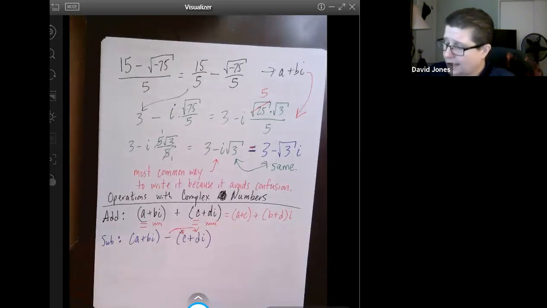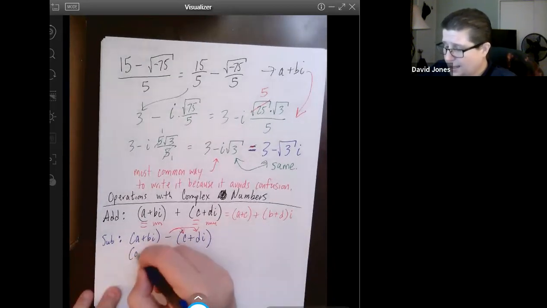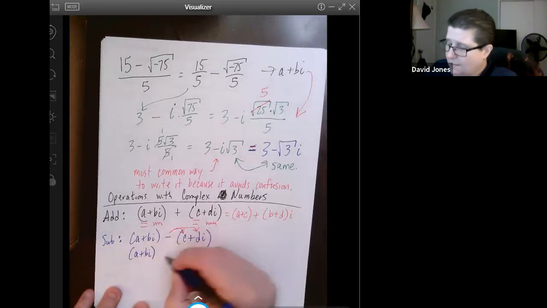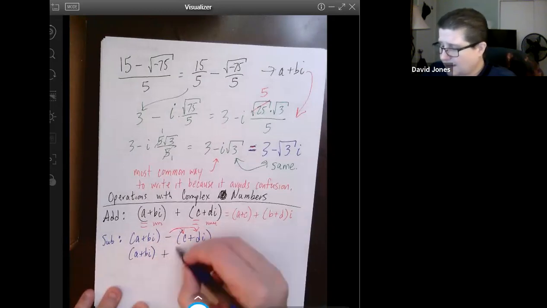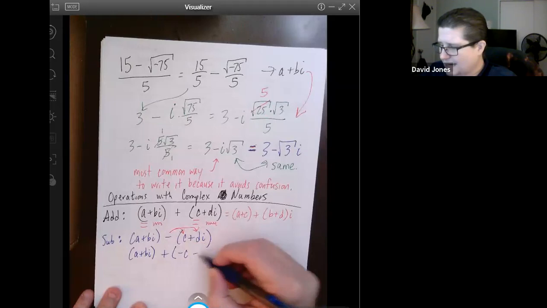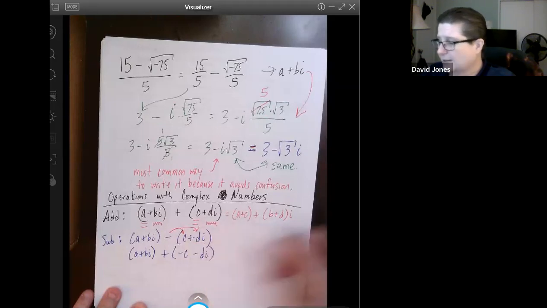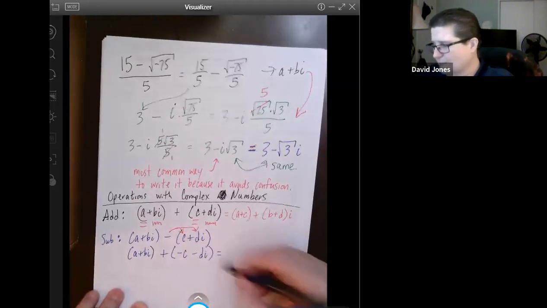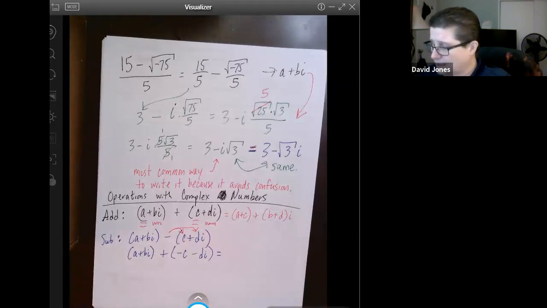So if I rewrite that, I've got A plus Bi plus parentheses negative C minus Di. And then we'll use the same properties we did above.